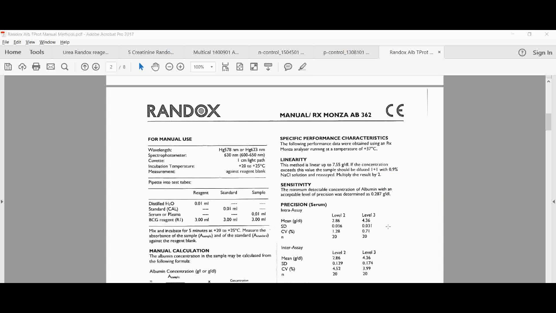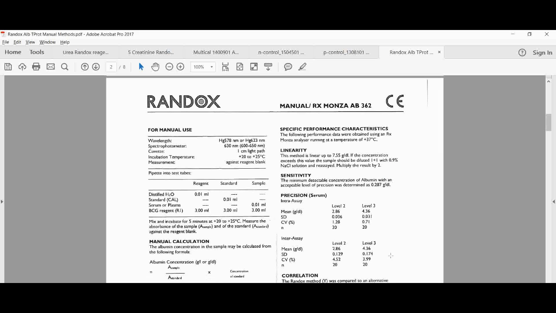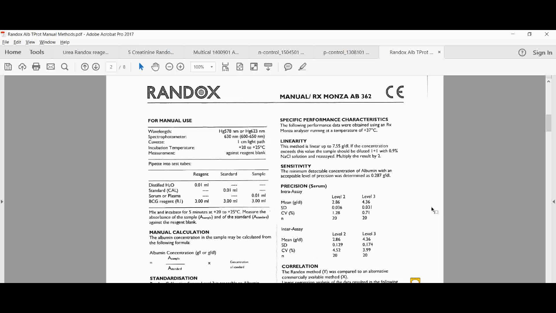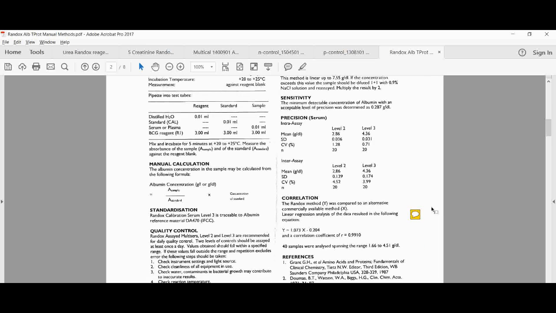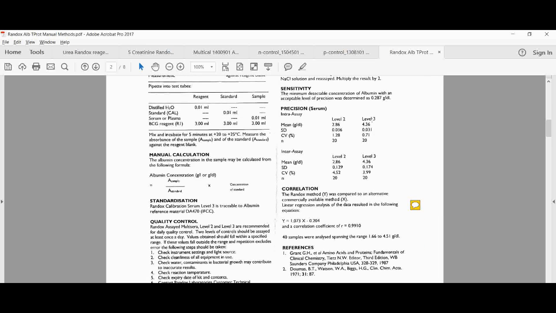other information that they give is precision. They've done precision analysis using serum. They've done intra-assay precision, and they've done inter-assay precision. They've used 20 samples on level 2 and 20 samples on level 3.